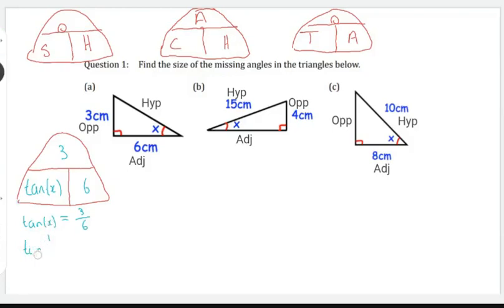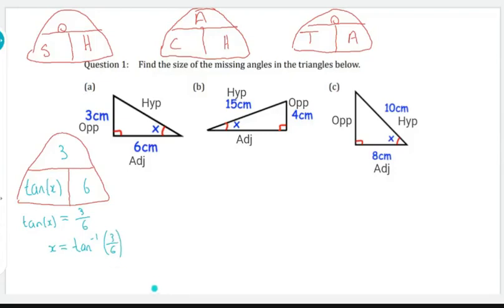So in this case, to get x by itself, we have to undo the tan function. And we undo the tan function by applying the inverse tan function. So we would say that x is equal to the inverse tan of 3/6.